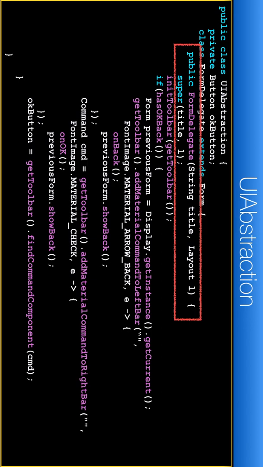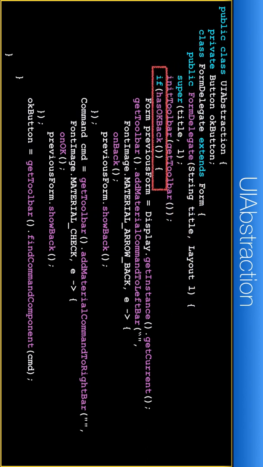The constructor for UI abstraction accepts the title and layout, which are both passed onwards to the form in the default behavior. We don't need the full set of form constructors in this case. This is a special callback that subclasses can override.